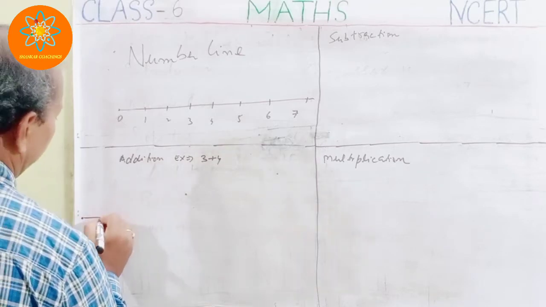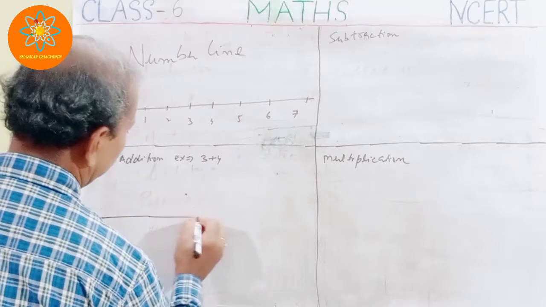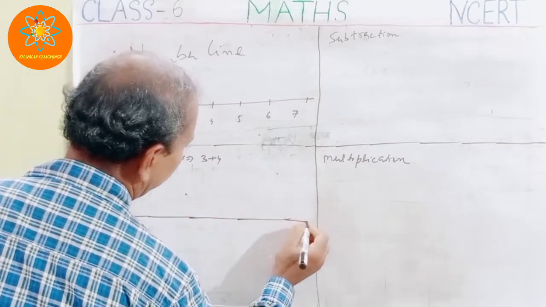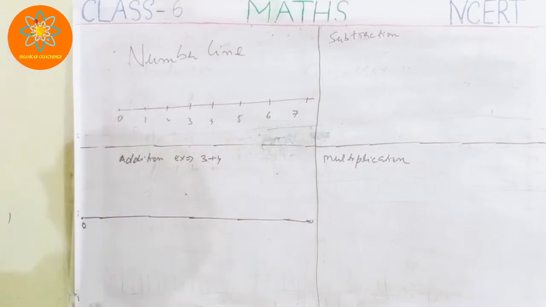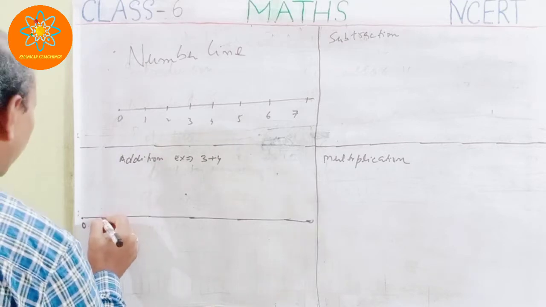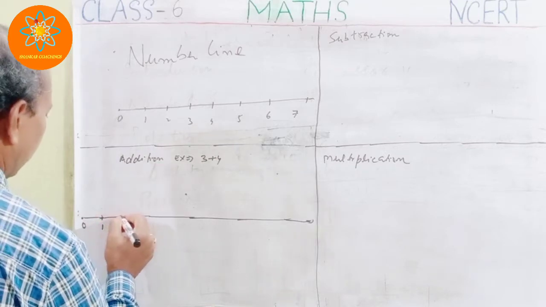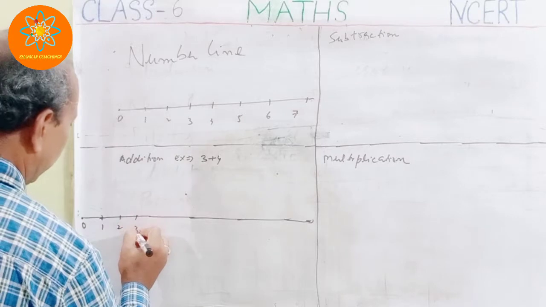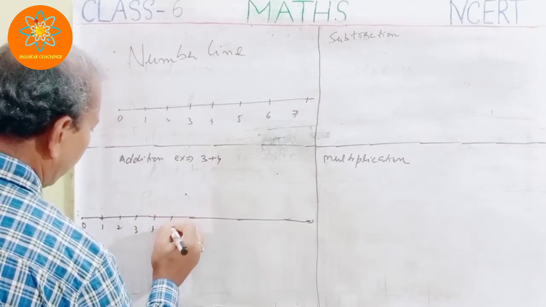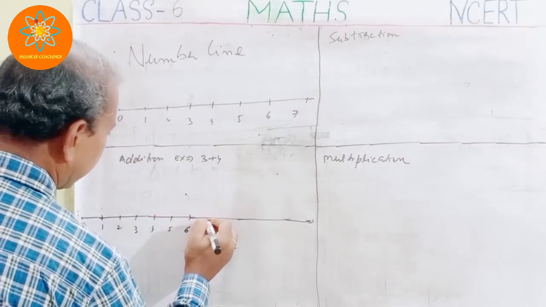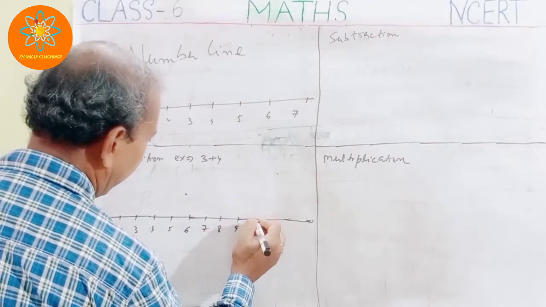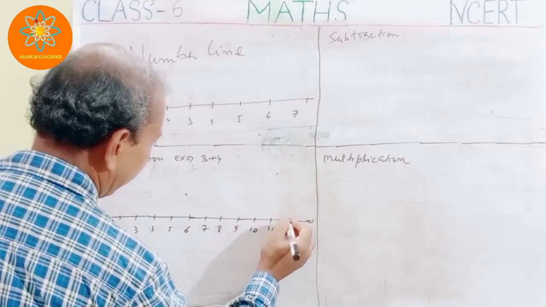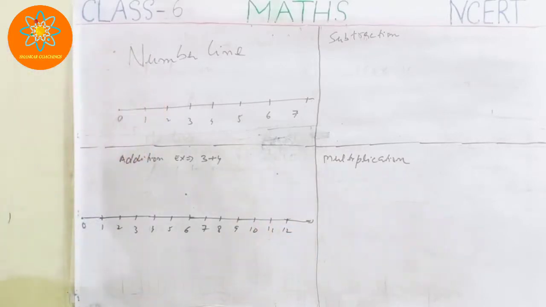Whole numbers start from 0, so it is 0, 1, 2, 3, 4, 5, 6, 7, 8, 9, 10, 11 and 12, like this.